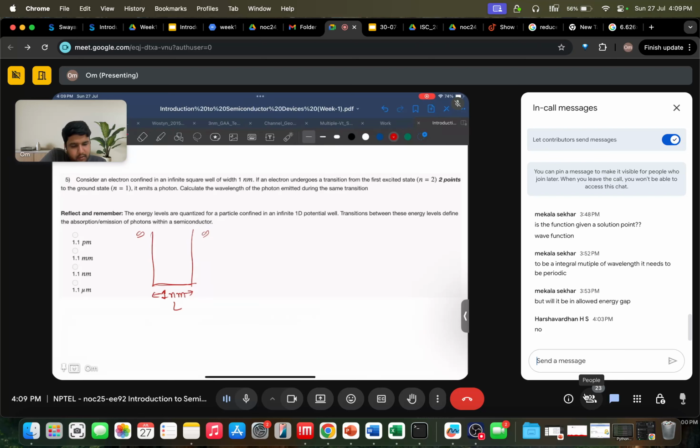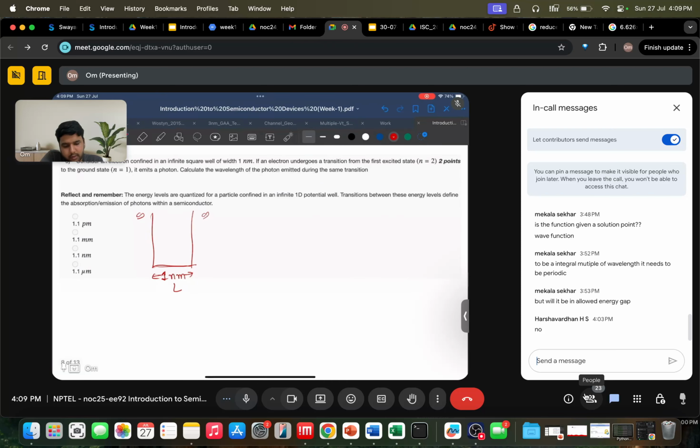If an electron undergoes a transition from the first excited state n equal to 2 to the ground state n equal to 1, it emits a photon. So there are two states here, n equals 1 and n equals 2, and an electron is transiting from here to here and emitting a photon. Calculate the wavelength of the photon emitted during this transition.